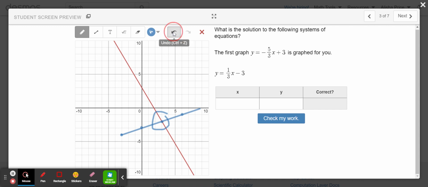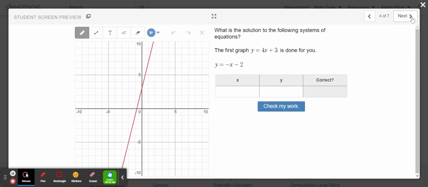To figure out that point, I went 1, 2, 3 over, and I went 1, 2 down to get to that point. My ordered pair: I went over 3 because my x-coordinate always goes first, and then I went down 2. If I go down, is that going to be positive or negative? It's going to be negative. So my answer is (3, negative 2). I get my thumbs up for being correct, so I'm good to move on.